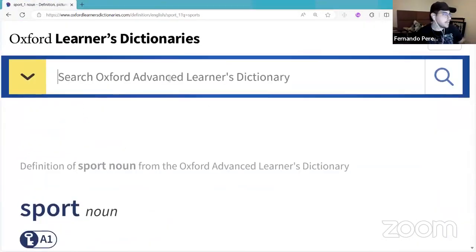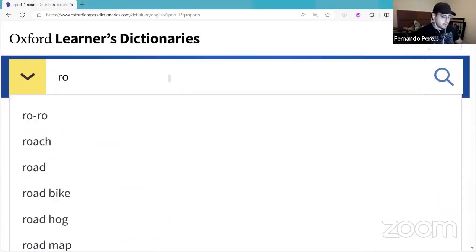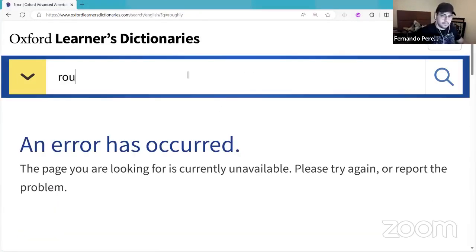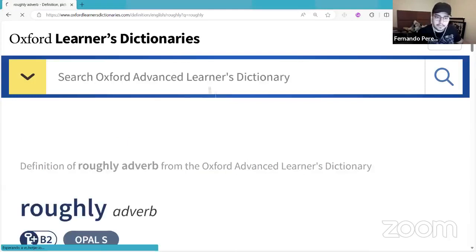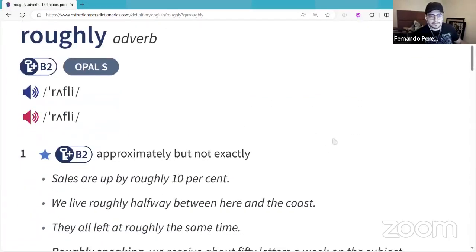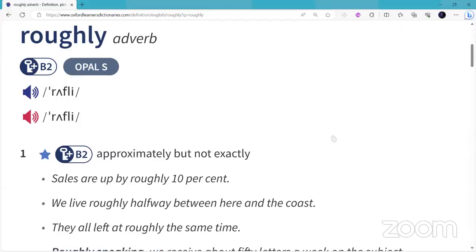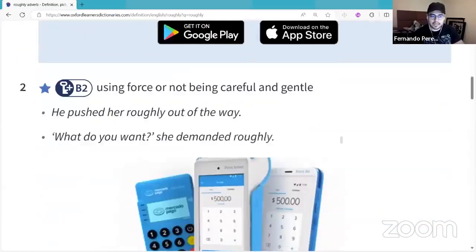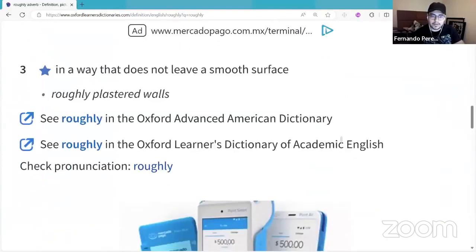Carlita, give me the definition for roughly. Yes, teacher. Approximately, but not exactly. Approximately, but not exactly.